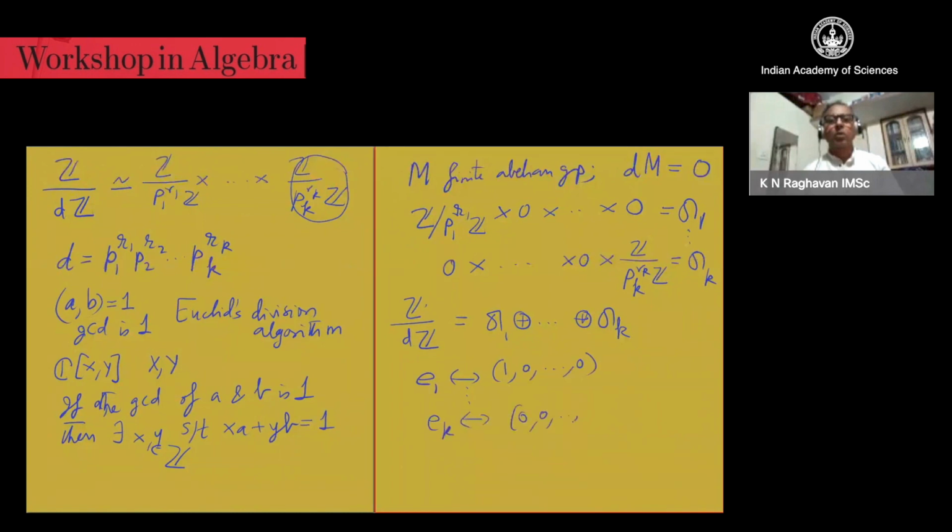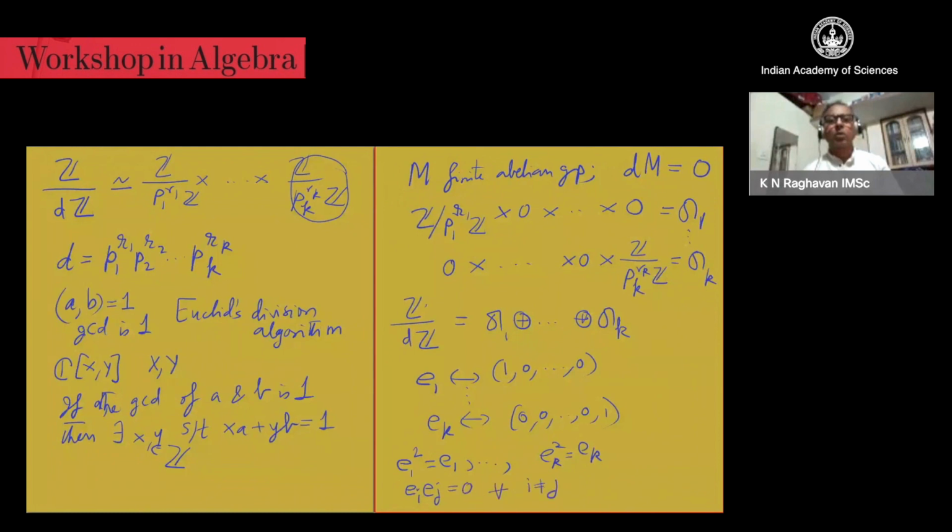Okay, and then what you see here on this side is that these are idempotent. So what you get is E1 squared is equal to E1, Ek squared equal to Ek, right? And moreover, you have ei ej equal to 0 for all i not equal to j, right?